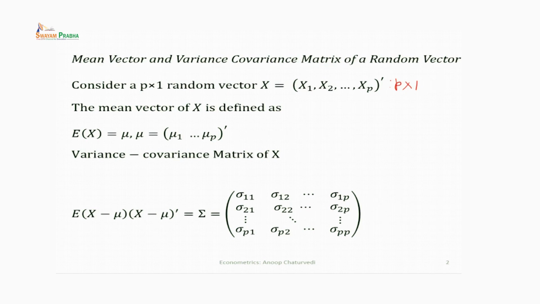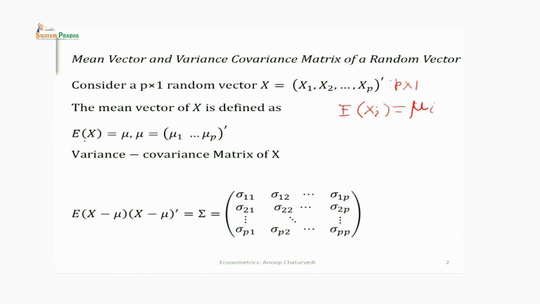So, for taking expectation of this random vector x, what we do? We take expectation of each of the components of x, say expectation of xi, which is equal to mu i, and then we arrange these mu i's in this vector form.